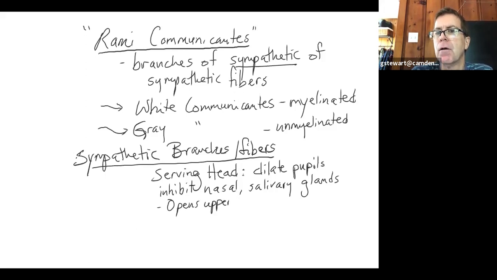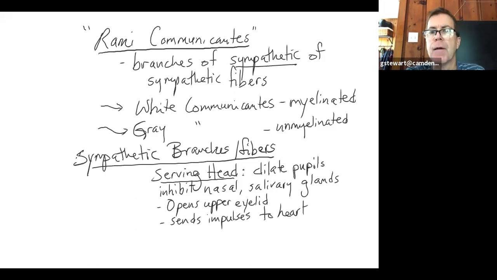Sympathetic stimulation also opens the upper eyelid so that we can see better. And finally, these branches serving the head also can send impulses to the heart.